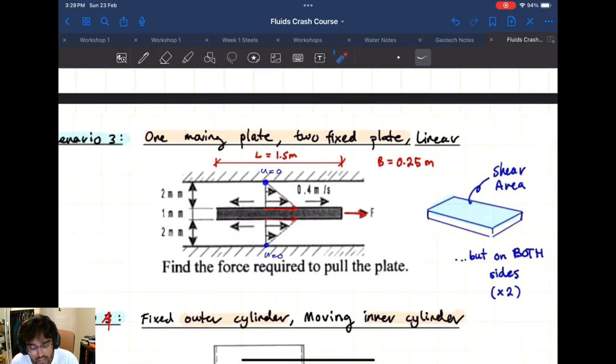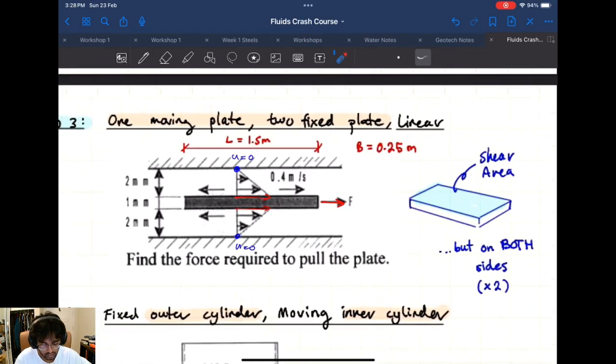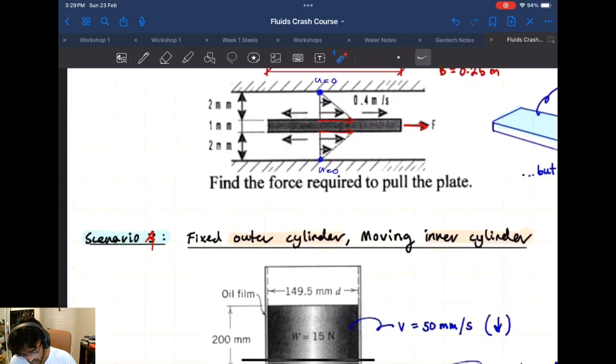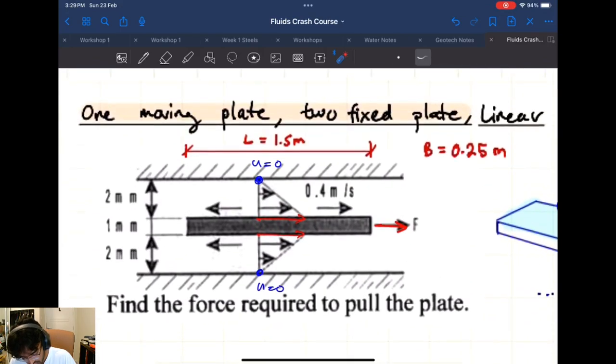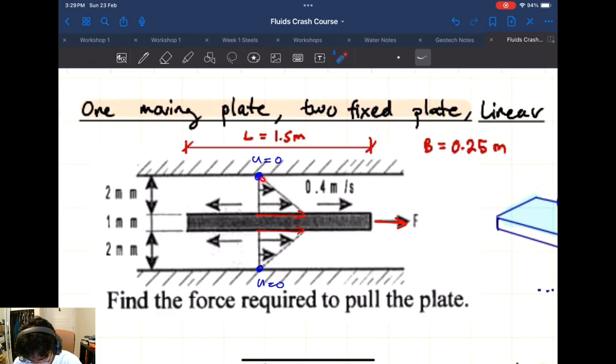Now, someone has written a note, Henry. He wrote a note for the shear area. Before I go through that, I want to also go through this example. They've told us that it's a linear distribution, so it's linear here. One other thing is that you can assume it's linear if they don't tell you whether it's a linear or non-linear distribution.